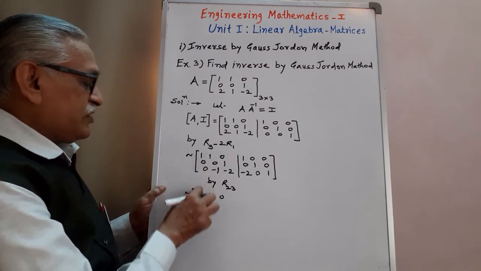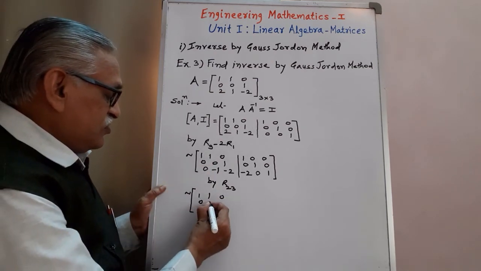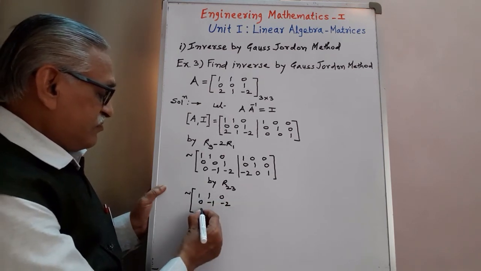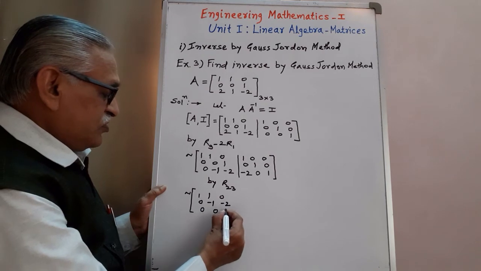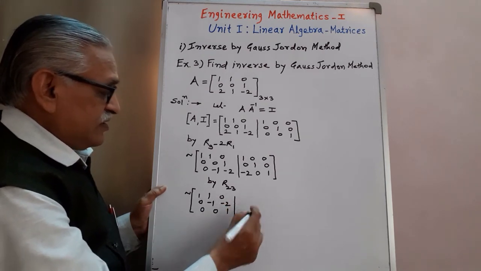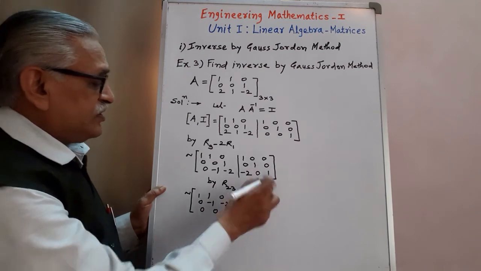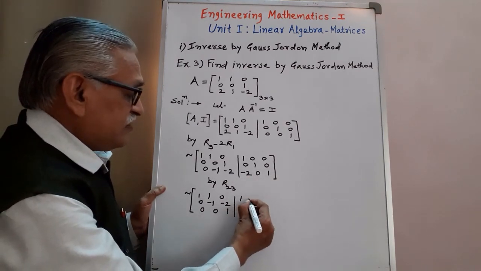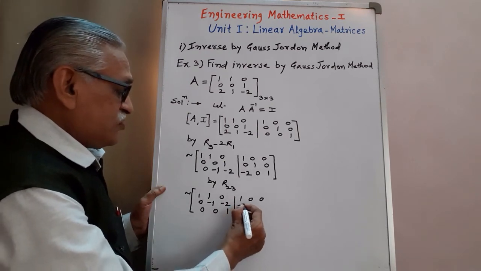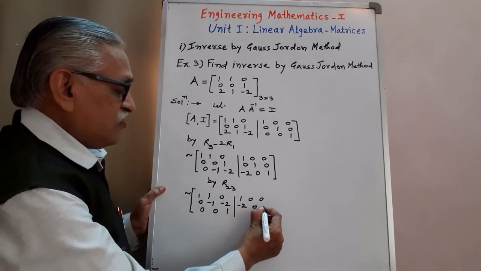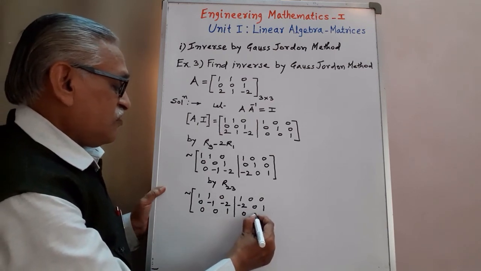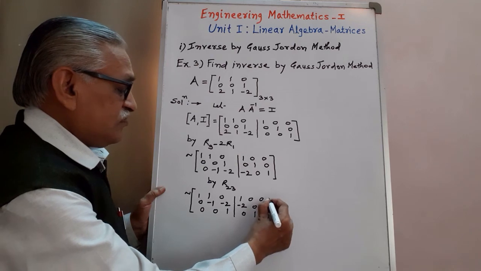These two rows we have to interchange. Therefore, 0 minus 1 minus 2, 0 0 1. Same applying on this. Therefore, 1 0 0, minus 2 0 1, 0 1 0.